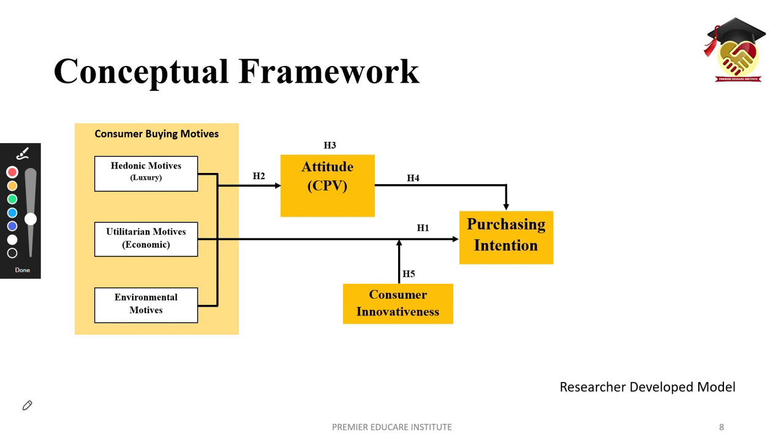And also, here I have to tell you one thing very clearly. There's one relationship called H2. Here there is another relationship H1, H4, H5. You can see, there are a number of arrows. Each and every arrow should be empirically and theoretically supported.